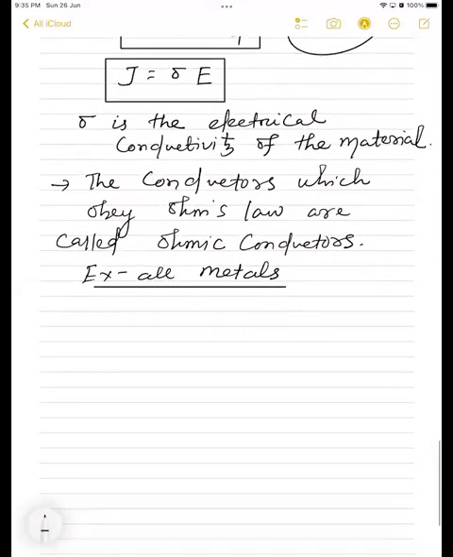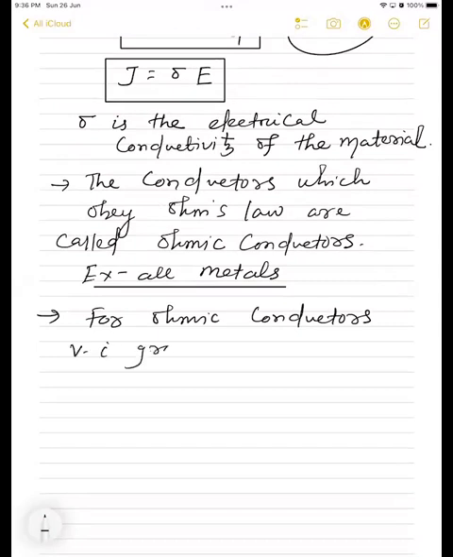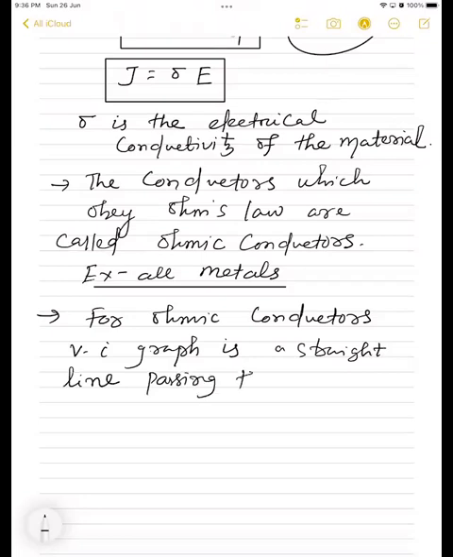And ohmic conductor means the VI graph is a straight line, right? For ohmic conductors, the VI graph is a straight line passing through the origin, right?